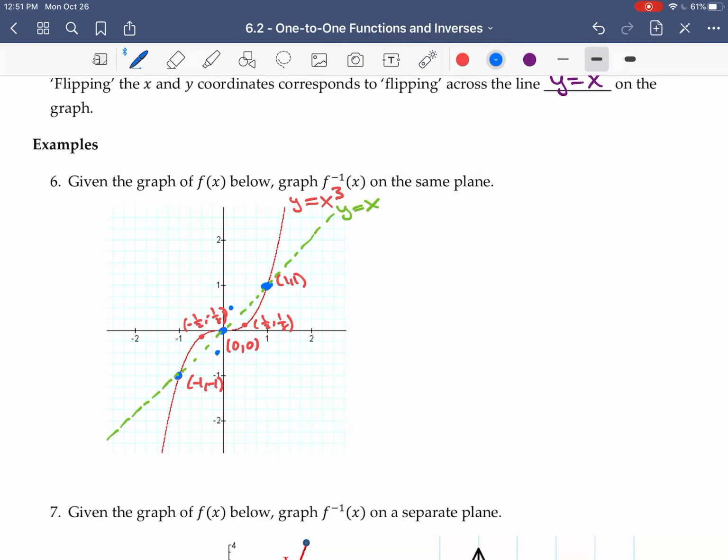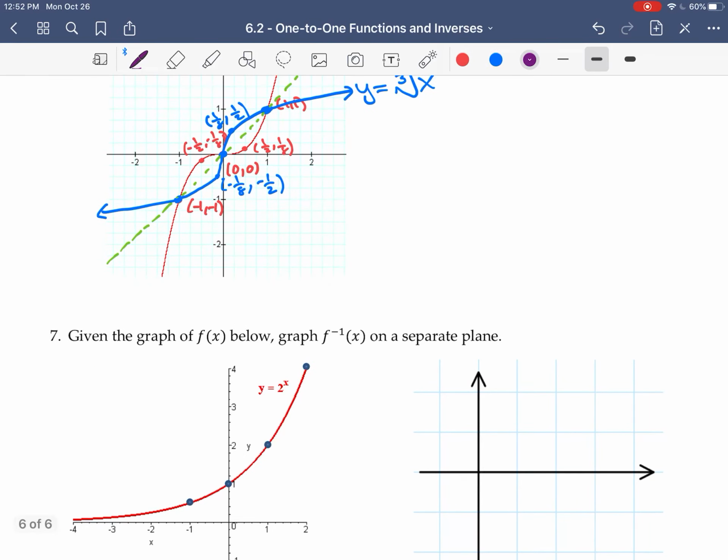When I'm above that line, I'm now below it. So this is going to look like that, and this blue graph you might recognize as the cube root graph. Those two are inverses of each other, and the graphs are just flipped over that line. Let me label these points: this one is (1/8, 1/2), and this one down here is (-1/8, -1/2).